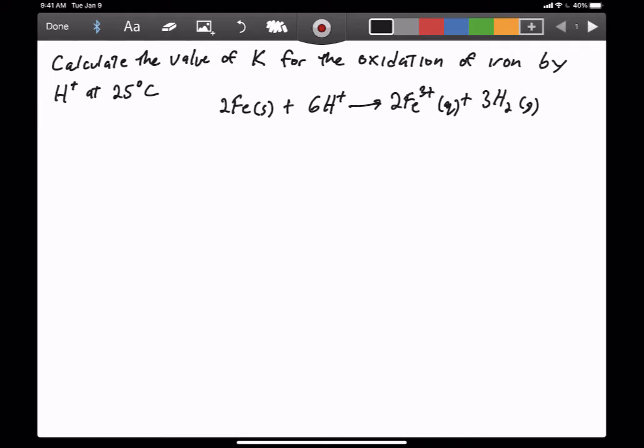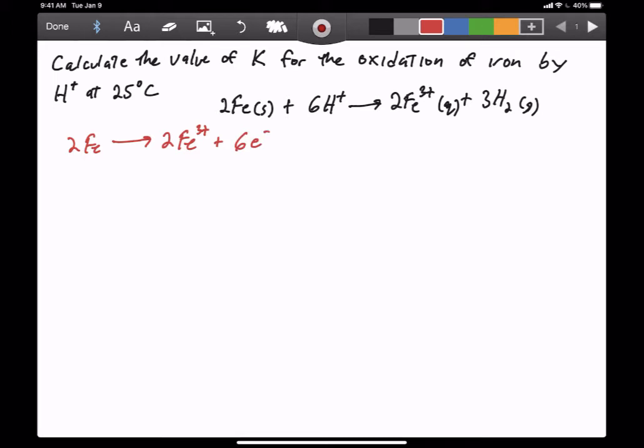So let's break it into its half reactions. And so we're going to have 2 Fe going to 2 Fe3+, and that's going to be plus 6 electrons in order to balance out those charges.